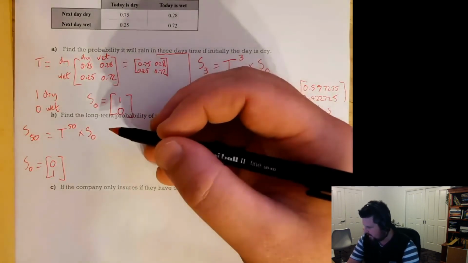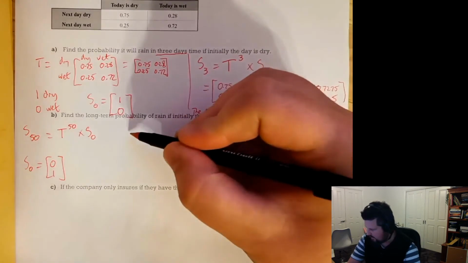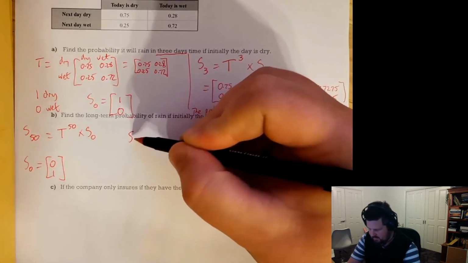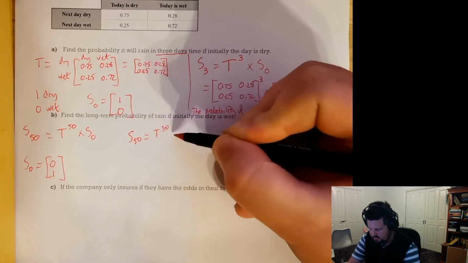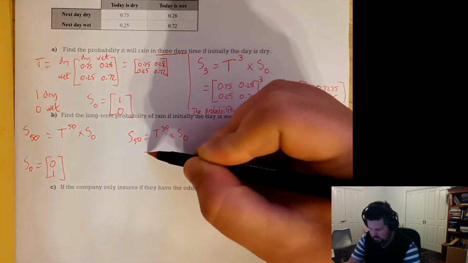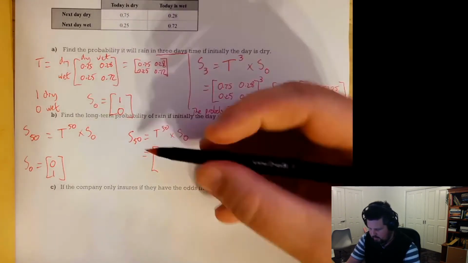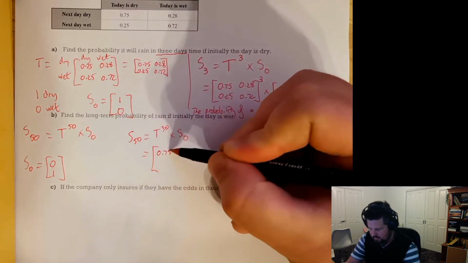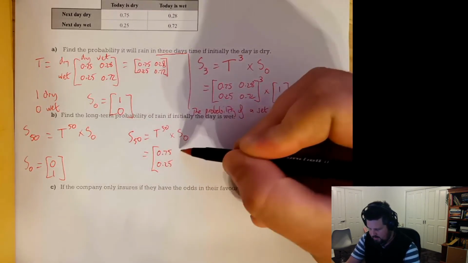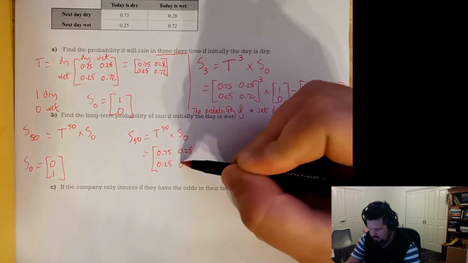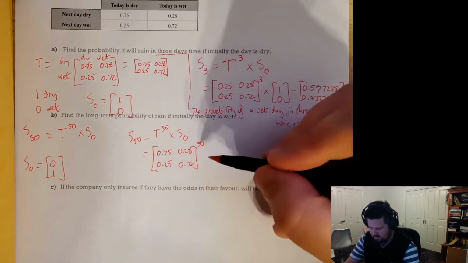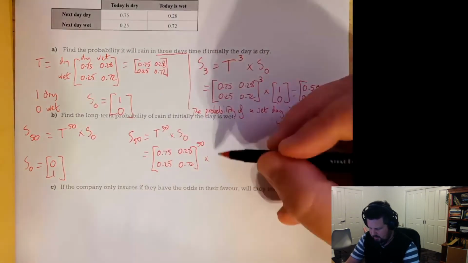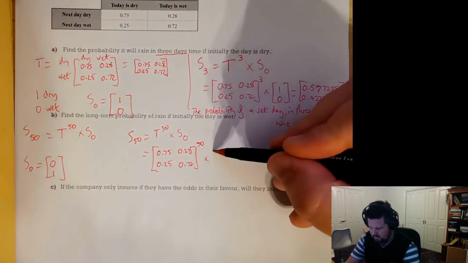So you're going to have S50 is equal to T to the power of 50 times S0. Our transition matrix was from above, 0.75, 0.25, 0.28, 0.72. That's the power of 50. And that is going to be multiplied by the initial state where it was wet on the first day. So the ones there.